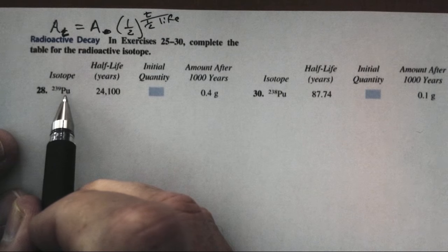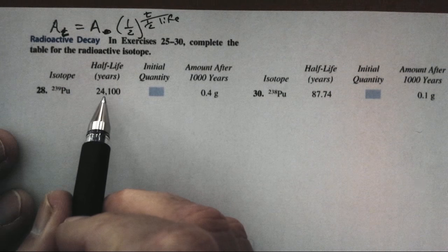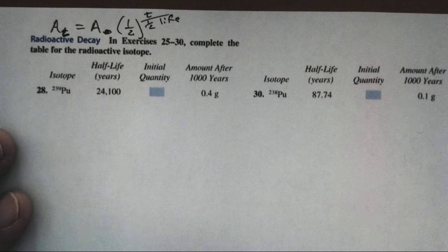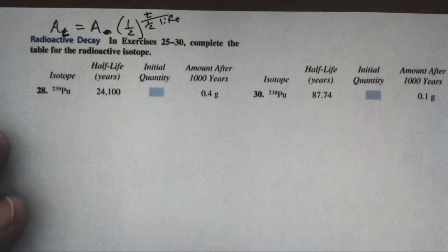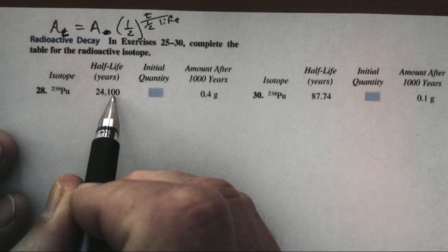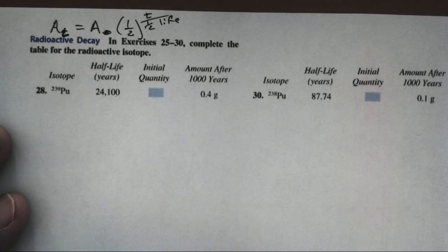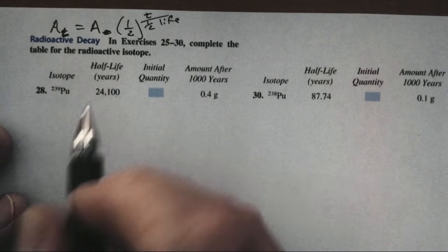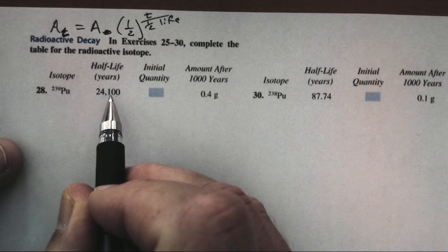So we have this 239 Pu, it's an isotope. This might be like carbon dating, you know, figuring out how old a dinosaur bone is. We assume it has a half-life of 24,100 years. That's almost certainly rounded. I doubt we've stuck around 24,100 years to know that it's exactly half. So there's a lot of study and theory that goes into that.